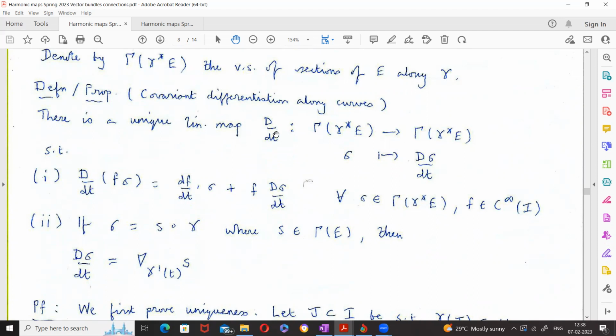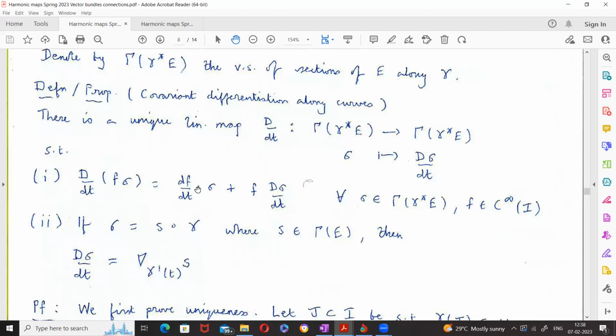So first, it's a real linear map. And it satisfies the Leibniz rule. So capital D sub dt of f times sigma is df dt times sigma plus f d sigma dt, where f is a smooth function on the interval I, the interval of definition of your curve gamma. So this is the Leibniz rule.